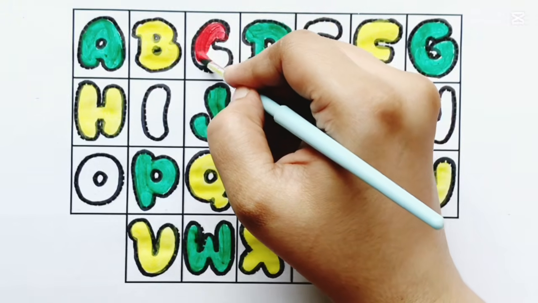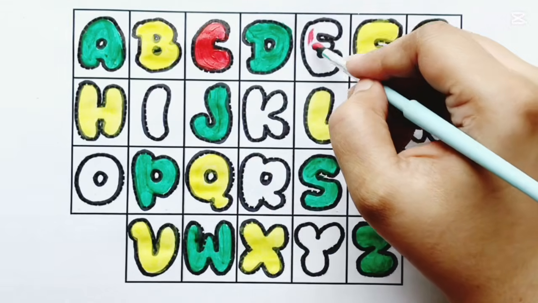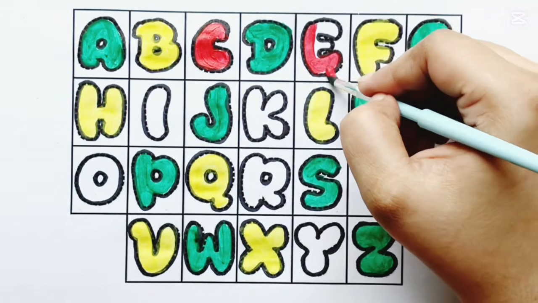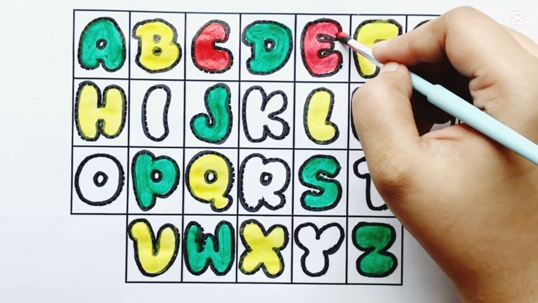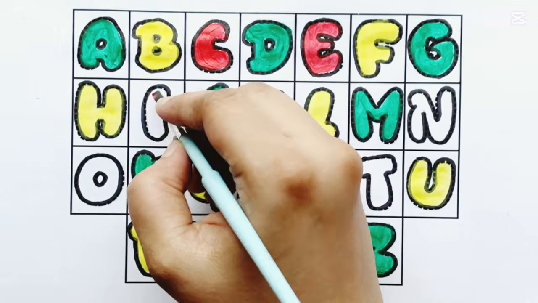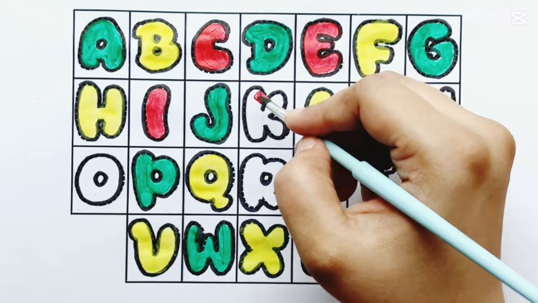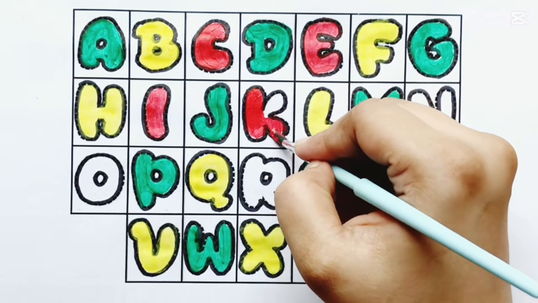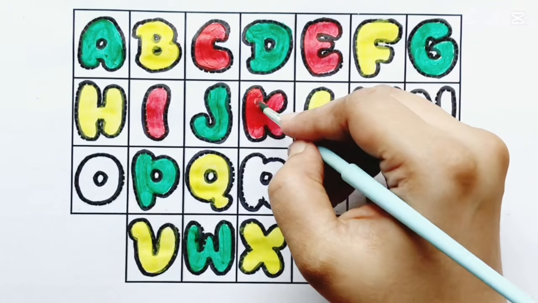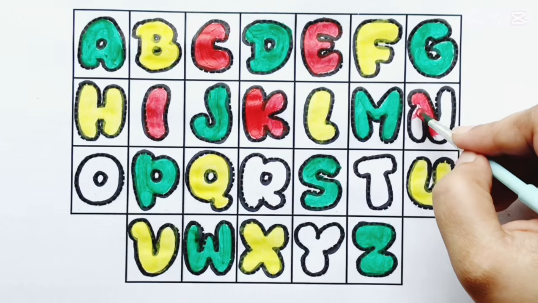Red color. C for cow. E for elephant. I for ice cream. K for kite. N for nest.